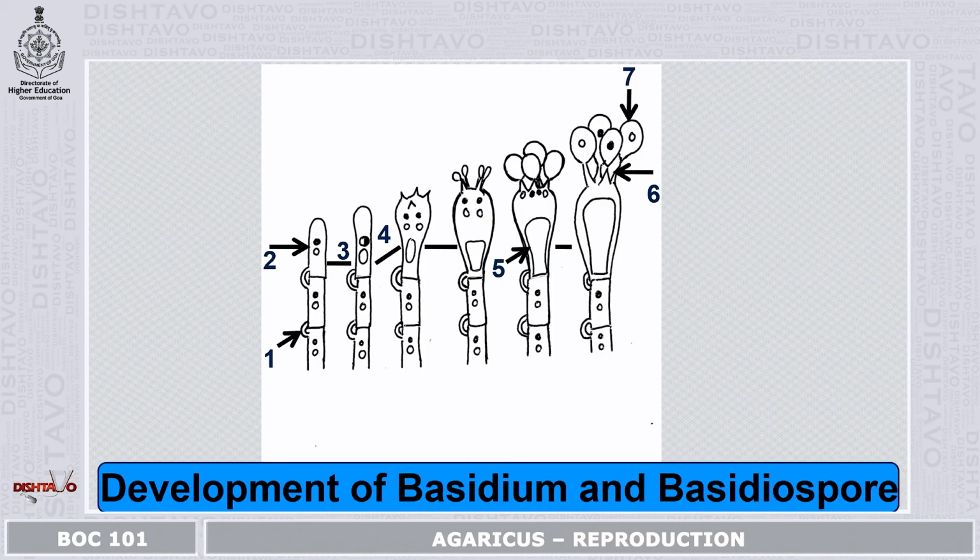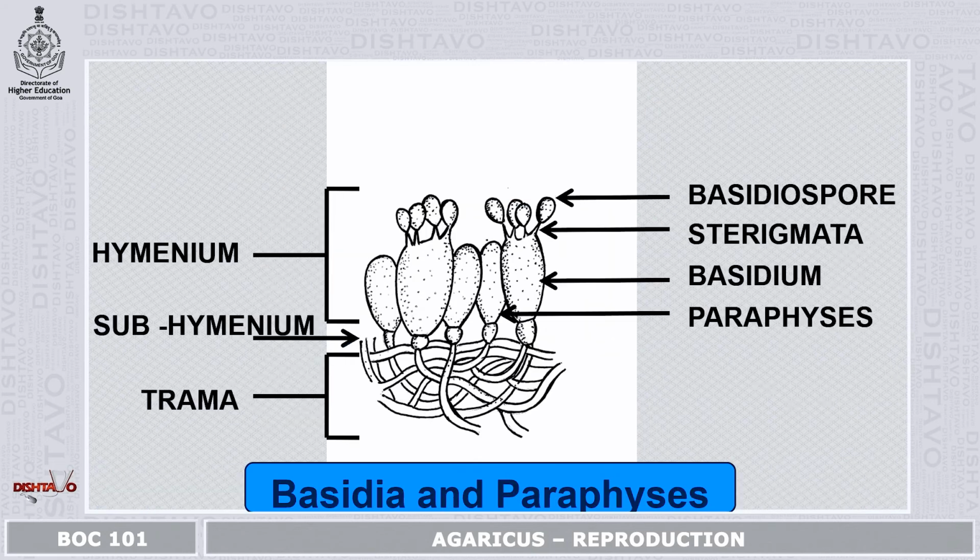So students, this is how the development takes place: the dikaryon, fusion, karyogamy, followed by meiosis. The vacuole increases in size and pushes each nucleus into a small peg-like structure, the sterigma, and this is how you have the formation of the basidiospores, wherein 2 basidiospores are of one type and the other 2 are of another strain.